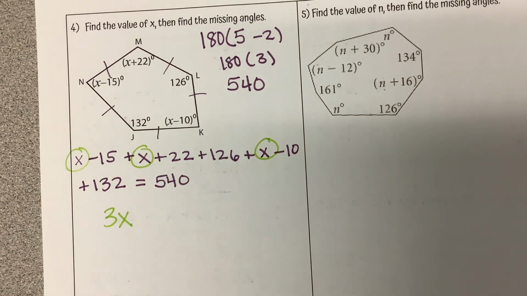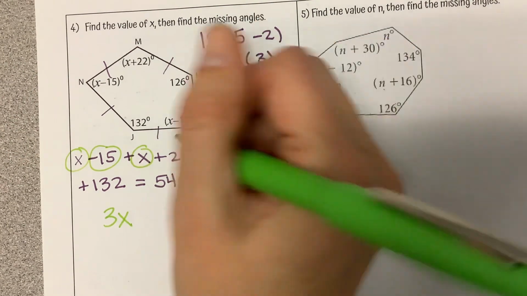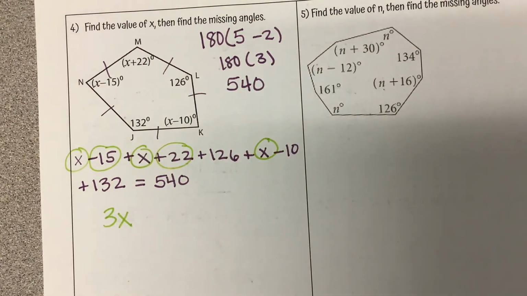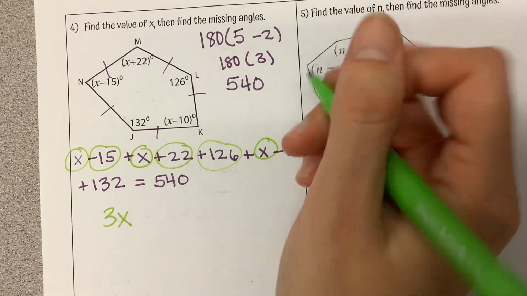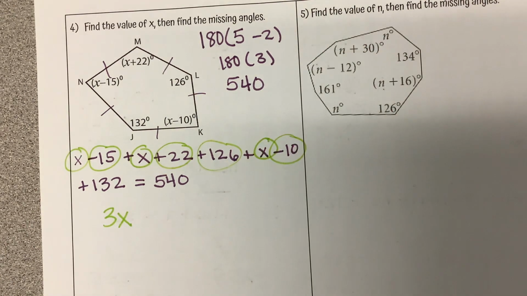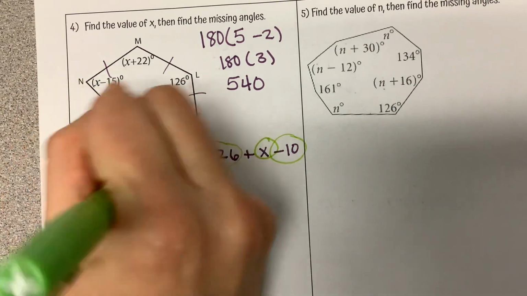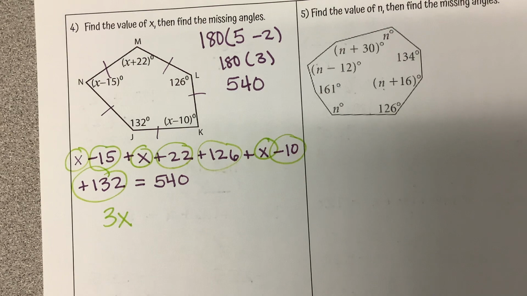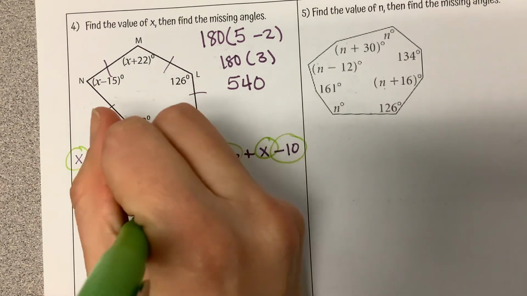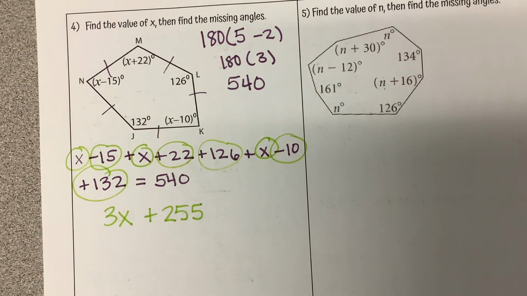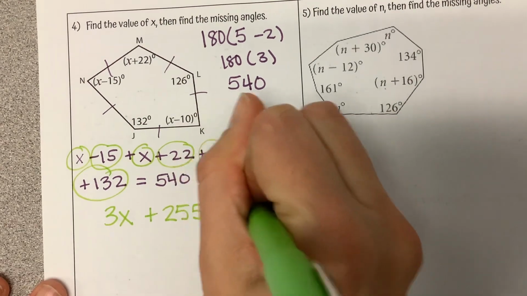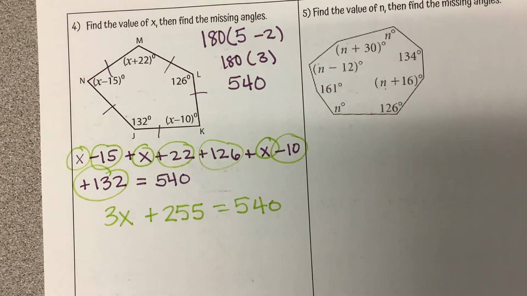Now I'm looking at my constants. So I've got negative 15 plus 22 plus 126 plus negative 10 plus 132, which is 255. So plus 255. And then set that equal to 540.